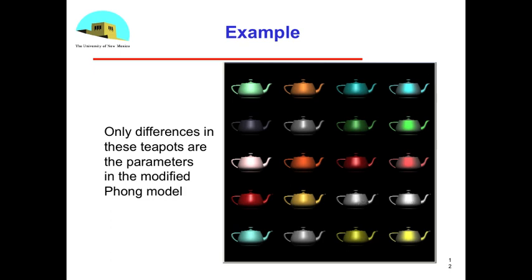So the color reflection components are probably pretty close in this case, but this one has a much higher shininess component, and this one has an even higher shininess component. And then you can see the same kind of differences between these two yellowish or goldish ones. So this shows you the kind of things you can get by just playing with parameters in that modified Phong or Blinn-Phong model.